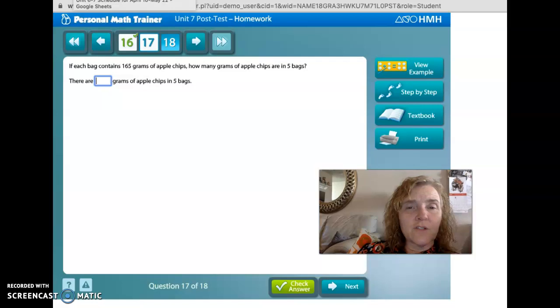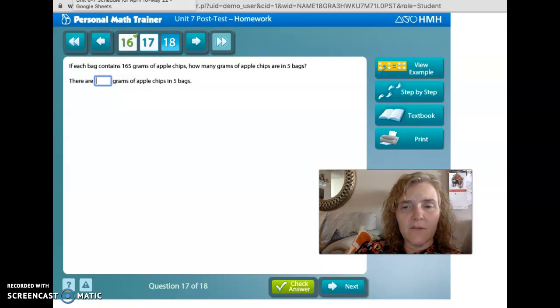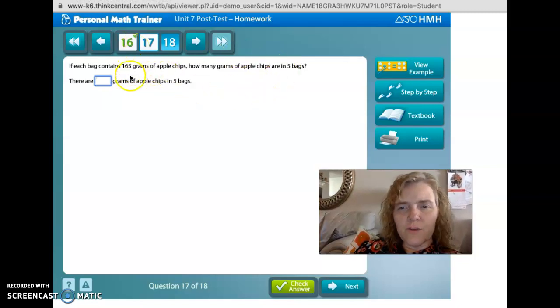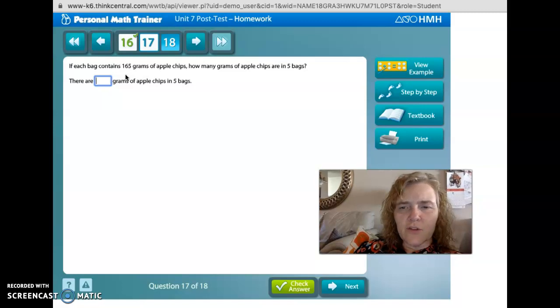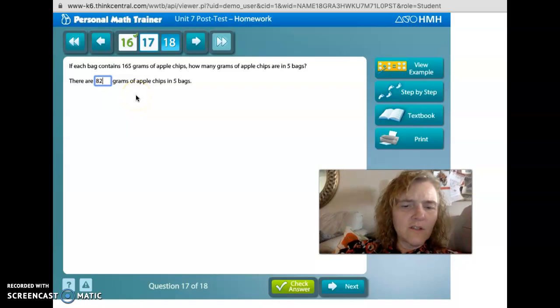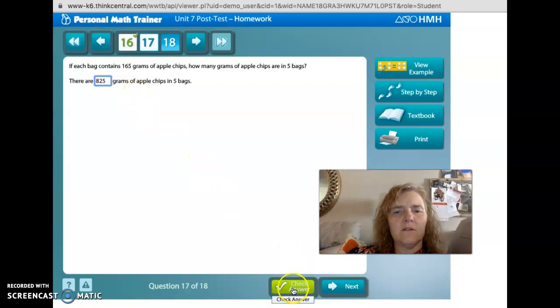It is 165 times 5. I hope you have your scratch paper. If I were doing this in my head, I would do 5 times 100, which will be 500. 5 times 60 would be 300. So 500 plus 300 would be 800, and 5 times 5 is 25. So the answer is 825.